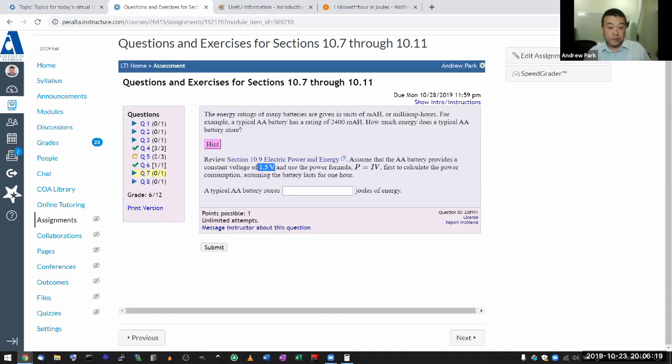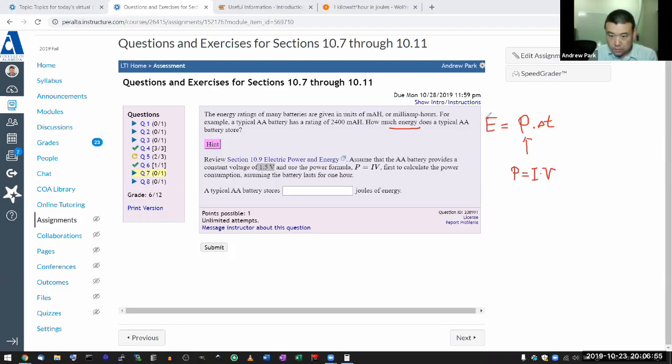What I do is, okay, it's asking me how much energy. From the previous question, I know that an amount of energy can be expressed as an amount of power over some duration of time. And from having read through the chapter section, I know that electric power is equal to current times voltage.